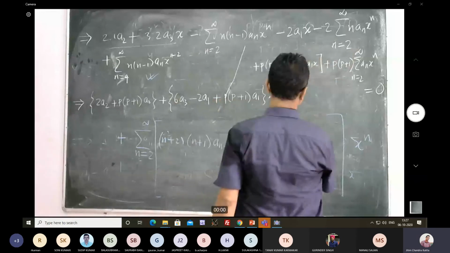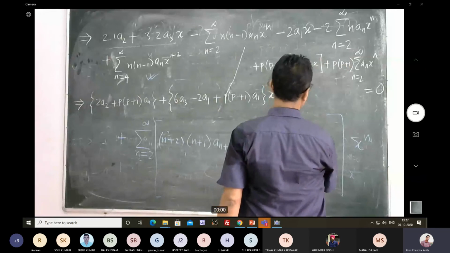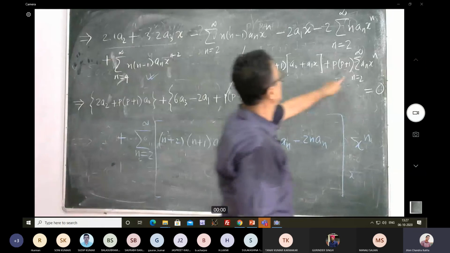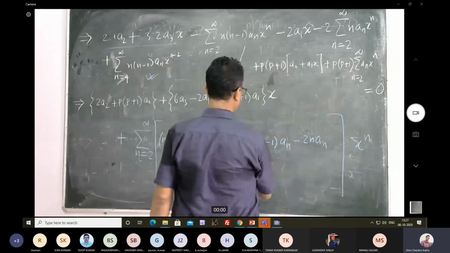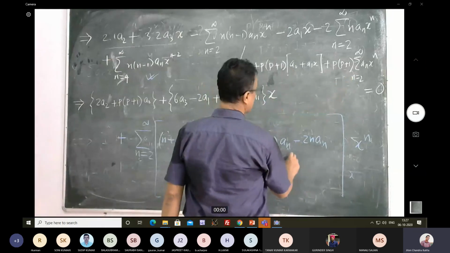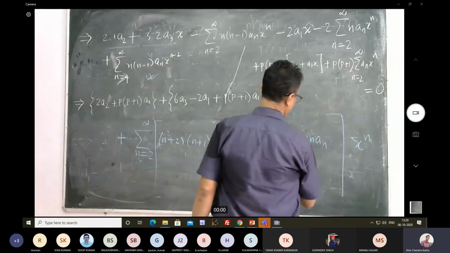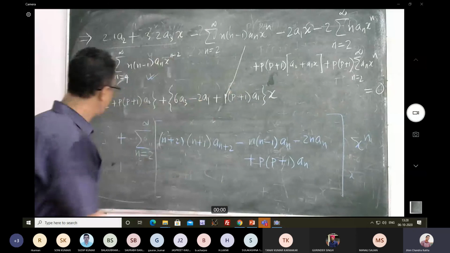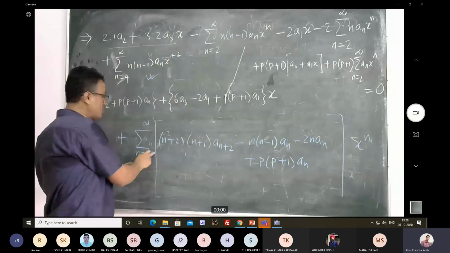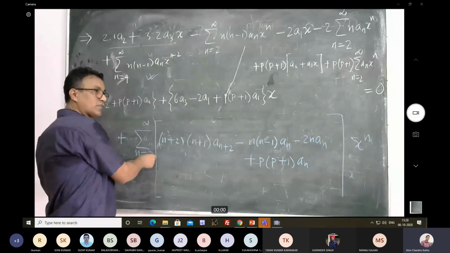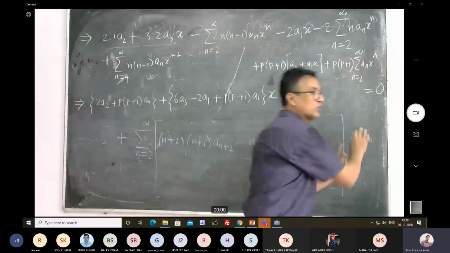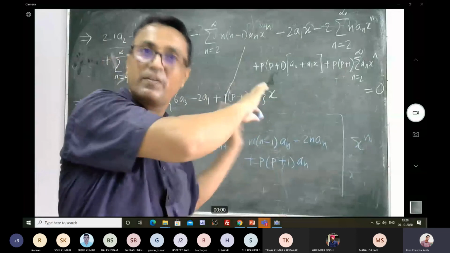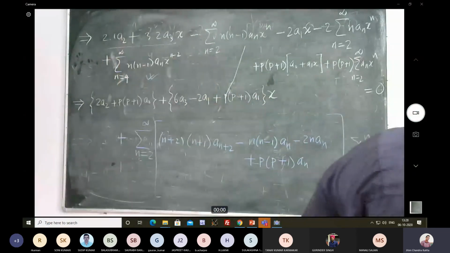So it is simply minus 2n an. And here also n equal to 2, p into p plus 1 an. Okay. See, as I promised you, the index is going to start from the same index, and the powers are also going to be the same. You don't need to worry about that if you follow this convention. Is it okay with everybody?